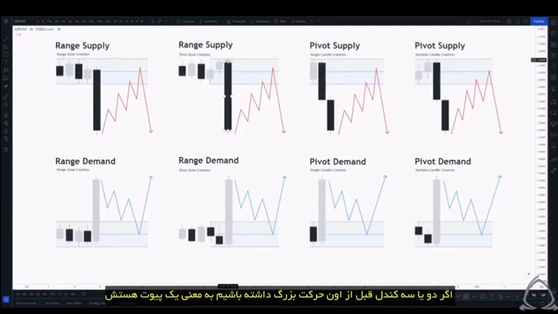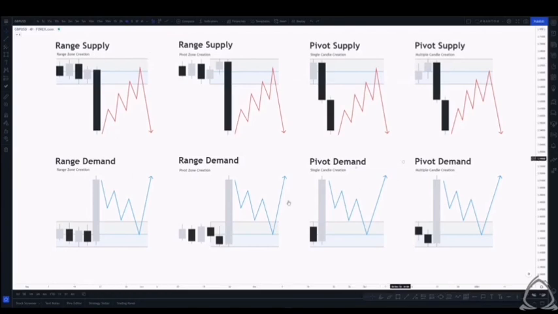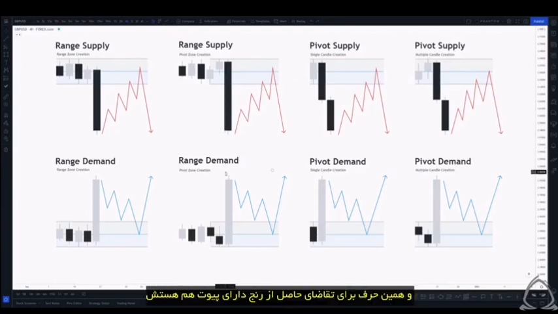If we have 2 or 3 bullish candles before that large move, that implies a pivot. And if we have one, it's still a pivot, but it's a little bit more refined within the overall range in question.